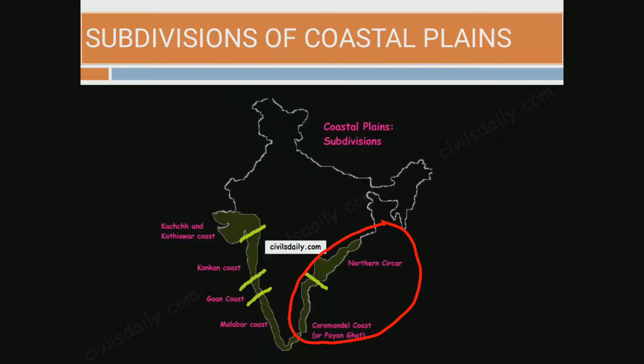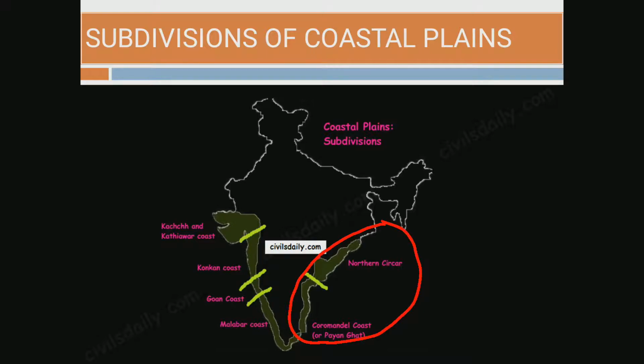The eastern coastal plain is a wide stretch of landmass lying between the Eastern Ghats and the Bay of Bengal. In the northern part, it is referred to as Northern Sirsar, while the southern part is known as the Coromandel Coast.